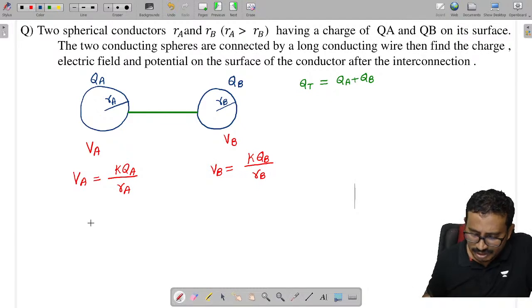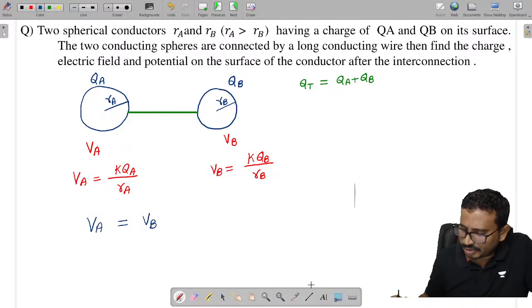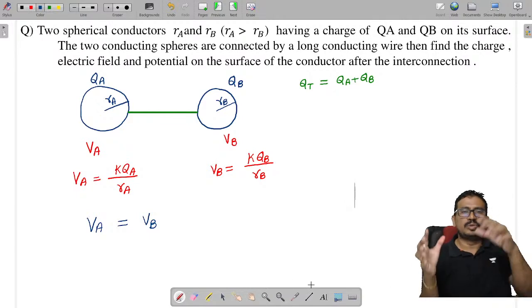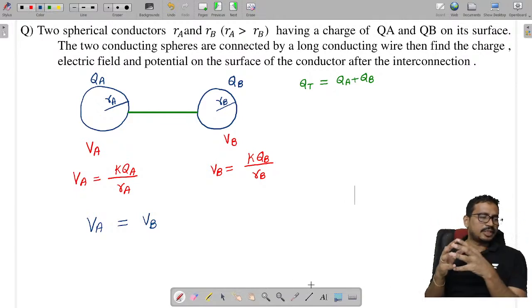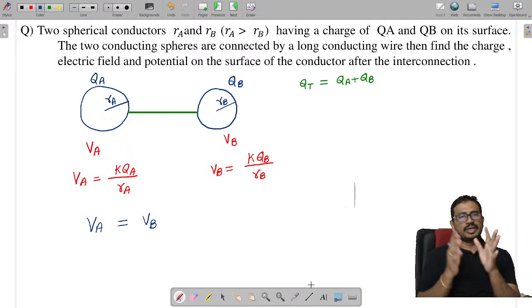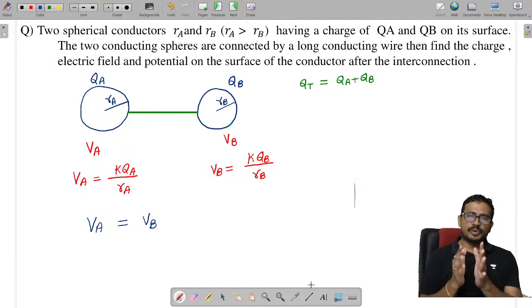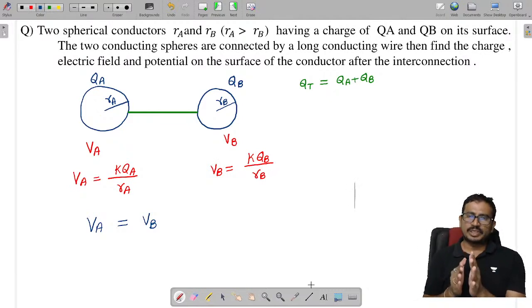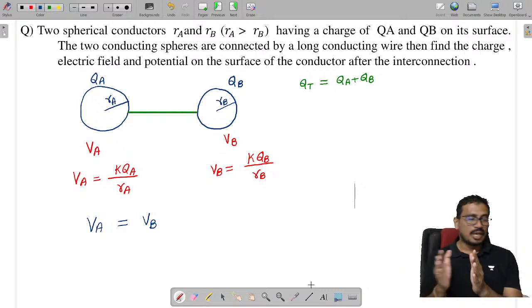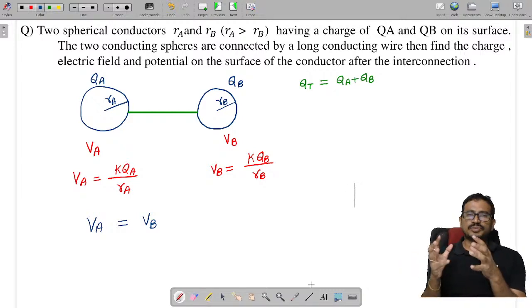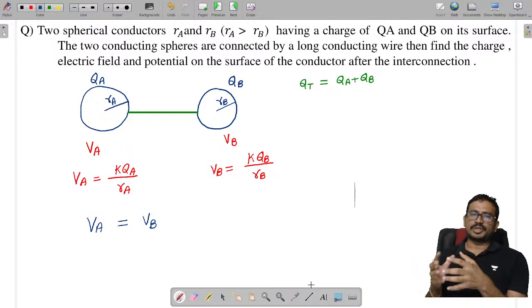That means VA must be equal to VB. So charge will start flowing from one conducting sphere to the other until both reach equal potential.